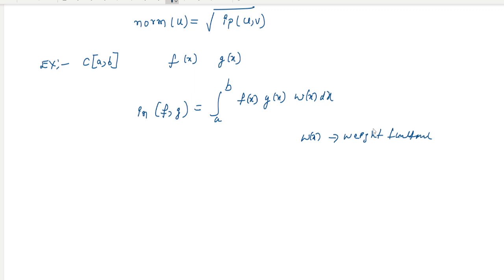from the basic definition of the definite integral, we see the inner product to be the sum of the products of the components of two vectors.